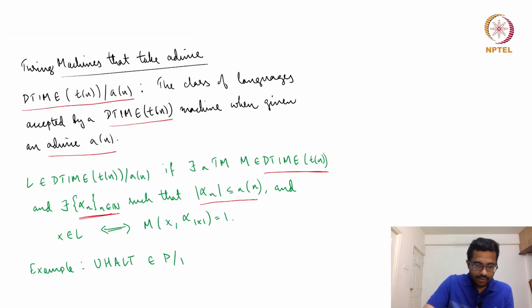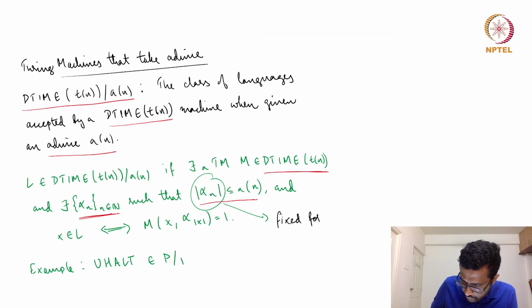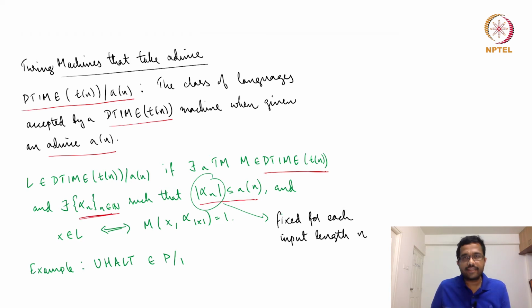Whereas here there is still some variation with input, but the advice string alpha n is fixed for each input length. So once an input of length n is given, the alpha n is fixed.